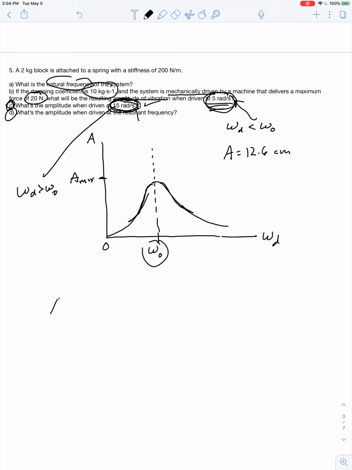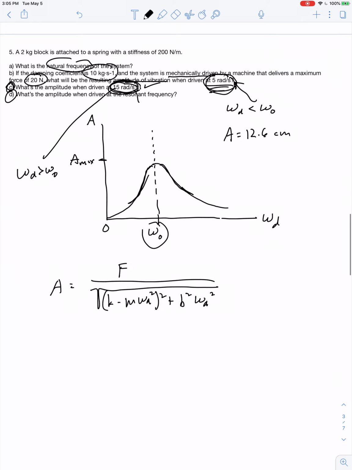So once again, amplitude is the maximum driving force divided by the square root of (k minus mass times driving frequency squared), all of that quantity squared, plus drag coefficient squared times driving frequency squared.